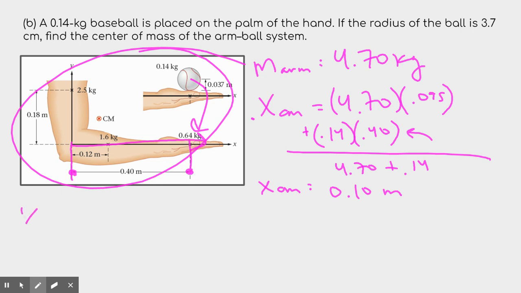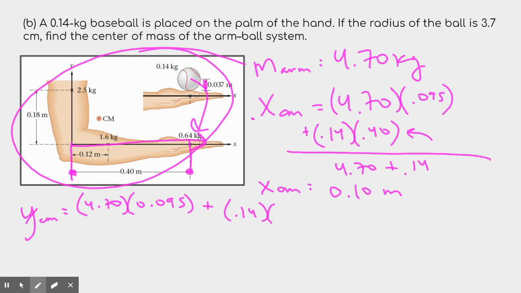And in the y direction, so y center of mass, okay, we have 4.70. Again, you found this position in the previous part, and it was also 0.095 plus 0.14. And then to find the y position, well, we see it right here.